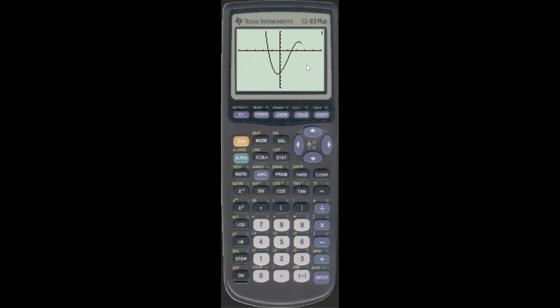Yeah, there it is. Okay, so I'm asking you to find the min, and now that we have a nice window, you can actually see the min is not at the y-intercept. It kind of looks like it might be there, but it's not. So can you calculate that min for me, please?